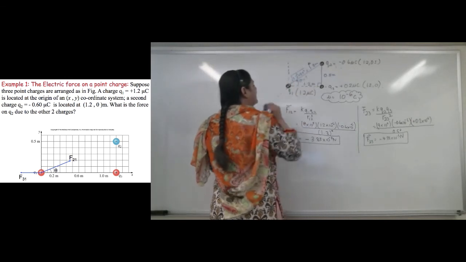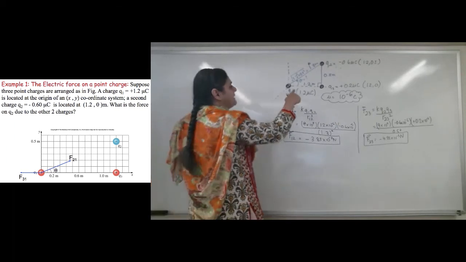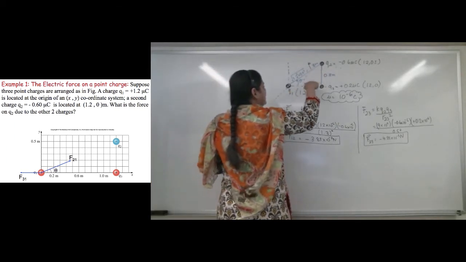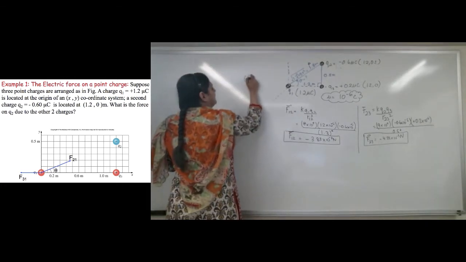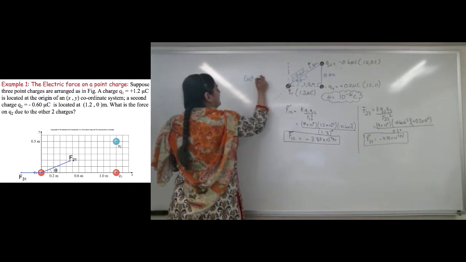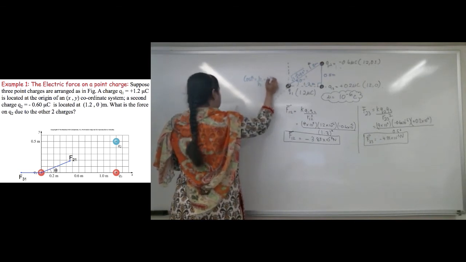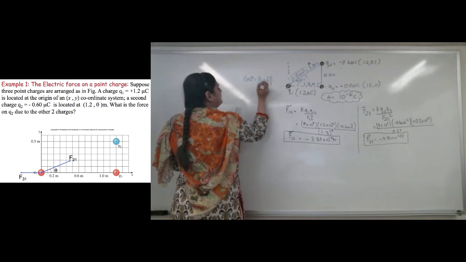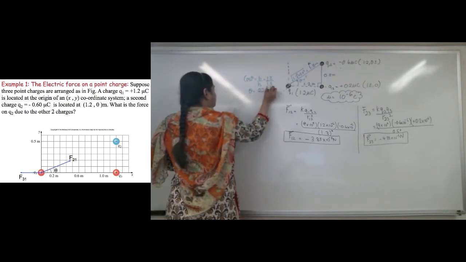I have this, and this. I could calculate cosine theta, which is base over hypotenuse. So my base would be 1.2 divided by 1.3, which means theta comes out to be 22.6 degrees.